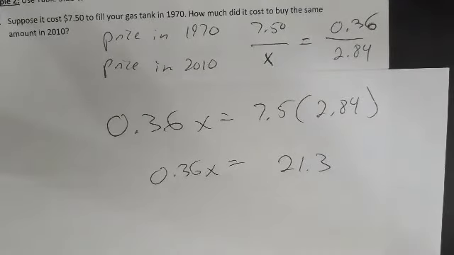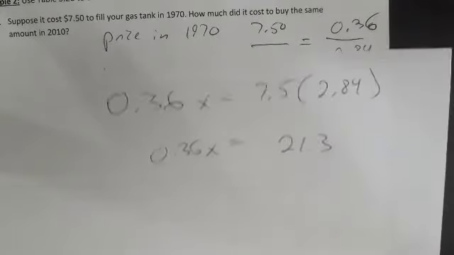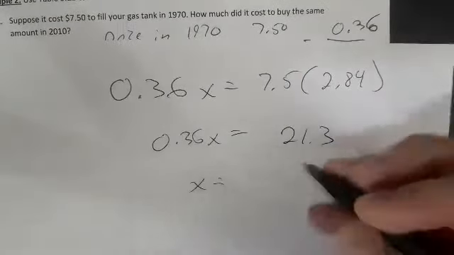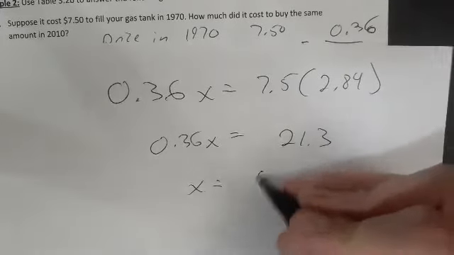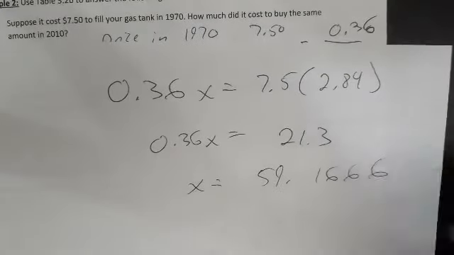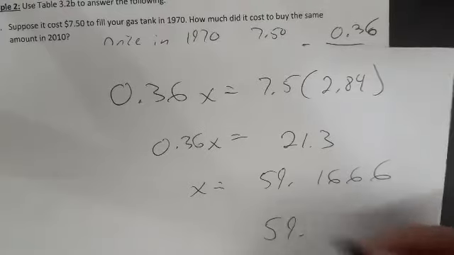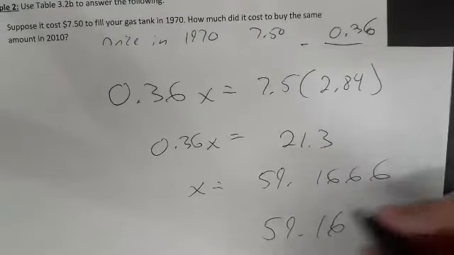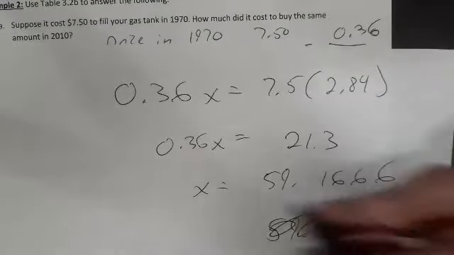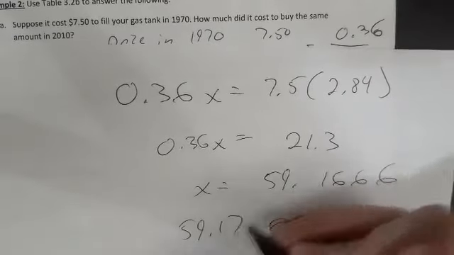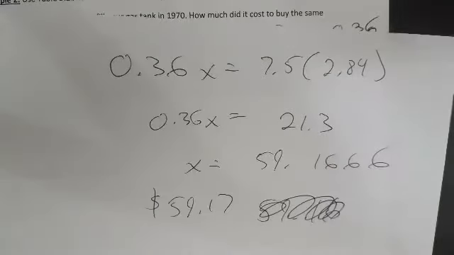And so I want to solve for x. I'm dividing by 0.36. So for my x, I'm getting 59.1666 repeating. So I want to know probably to the nearest, no, 59.17 would be what it rounds to. Sorry. Round it up.